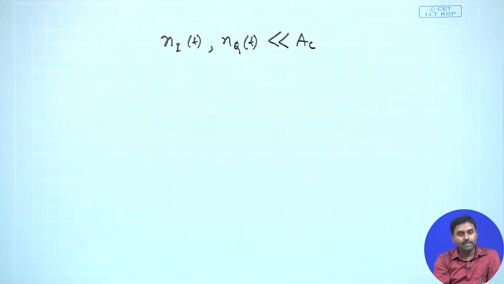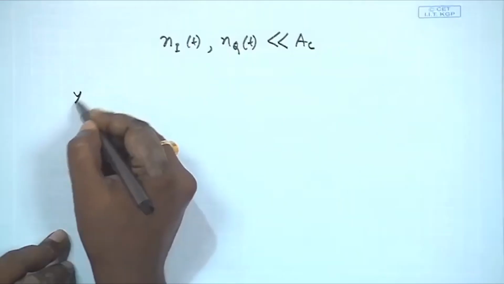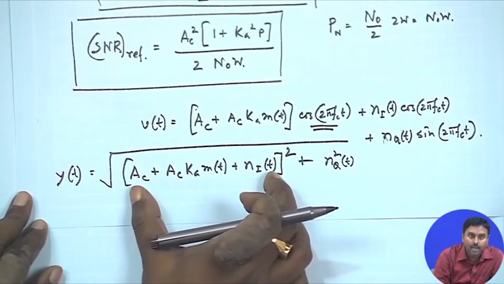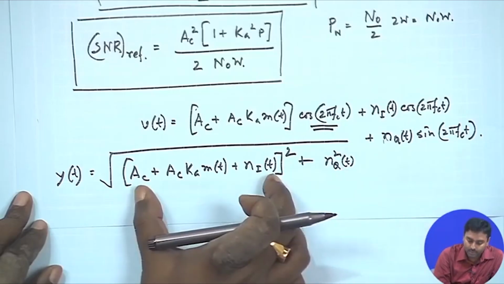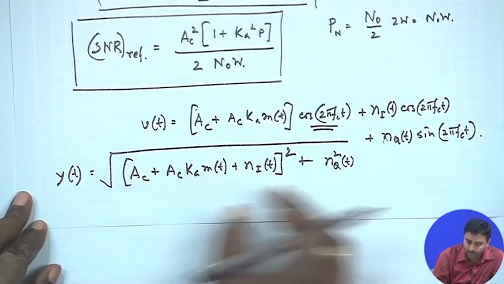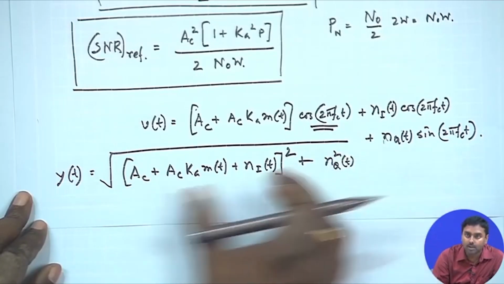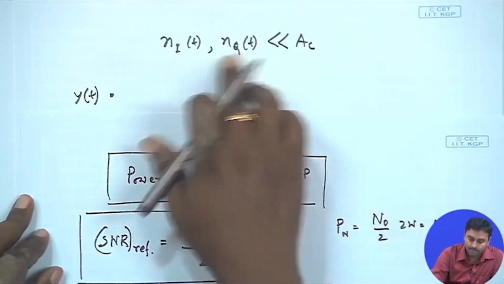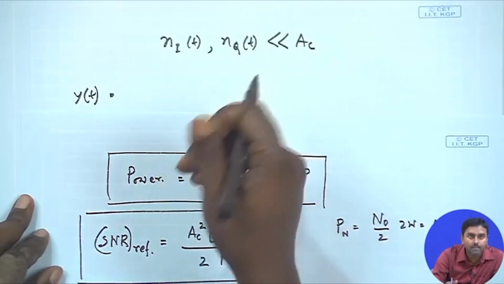With that assumption, generally you will have to put a high carrier. As long as this is valid, you can do some analysis. So, let us try to see what that will be. Immediately y(t) I can write: we have this square plus this square, and this particular term has A_c squared. So, the other will be much lesser compared to this part, because this is already lesser, then the square of that will be much lesser.